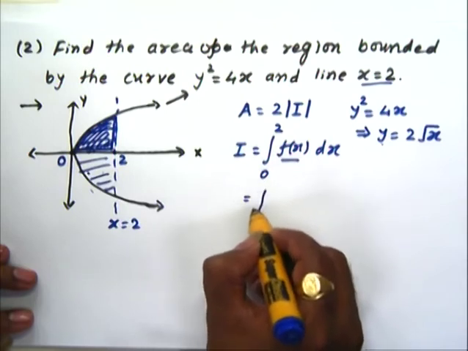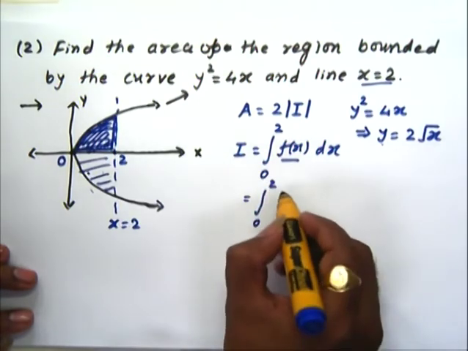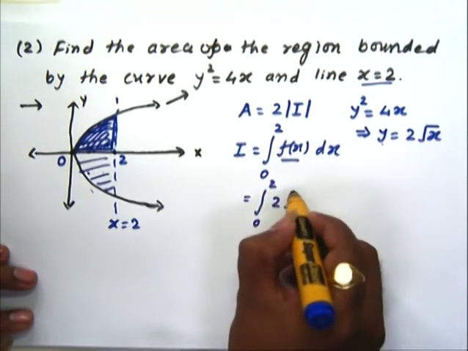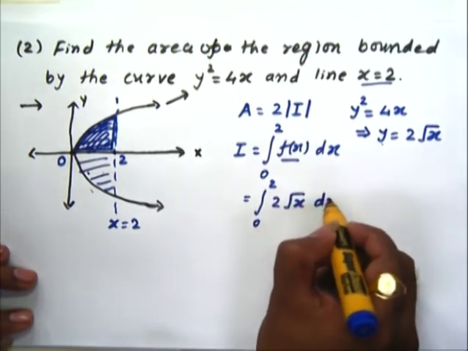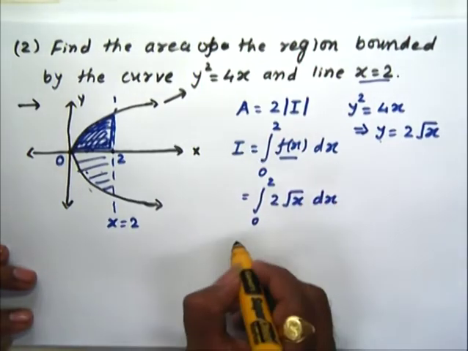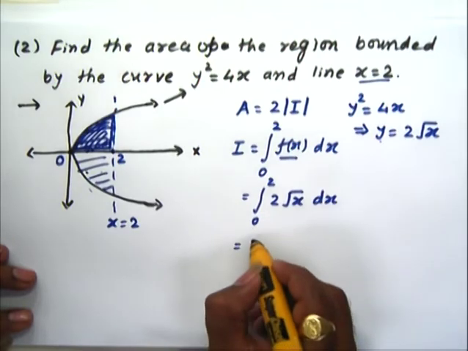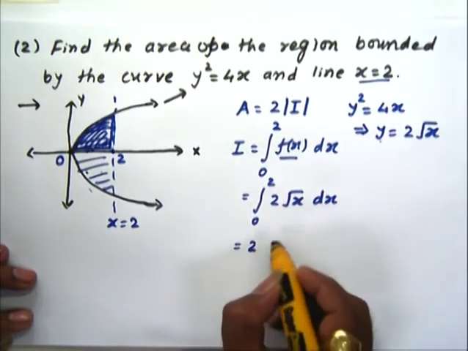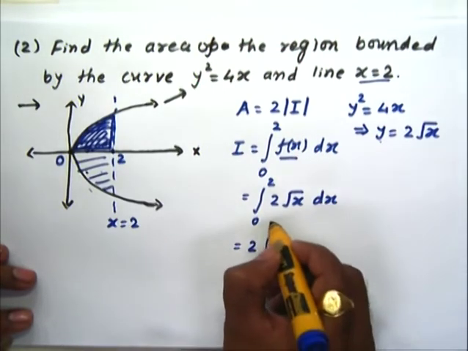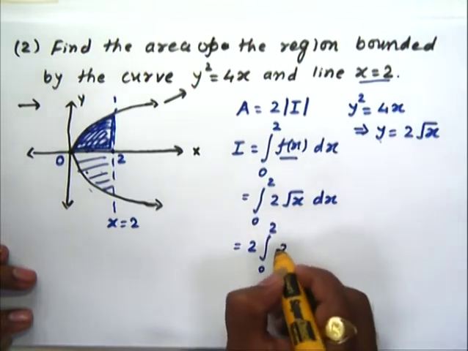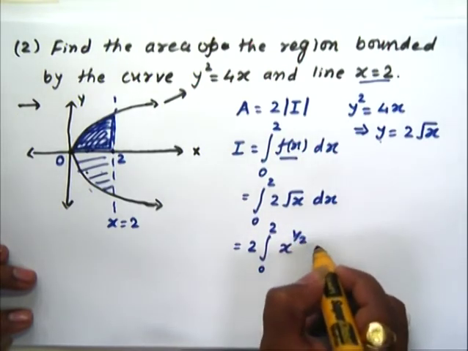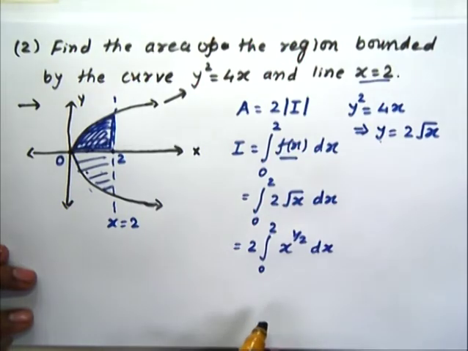Now we will take y equal to 2 square root x. So this is equal to integration 0 to 2 of 2 square root x dx. This is 2 integration 0 to 2 of x raised to 1 by 2 dx. Okay.